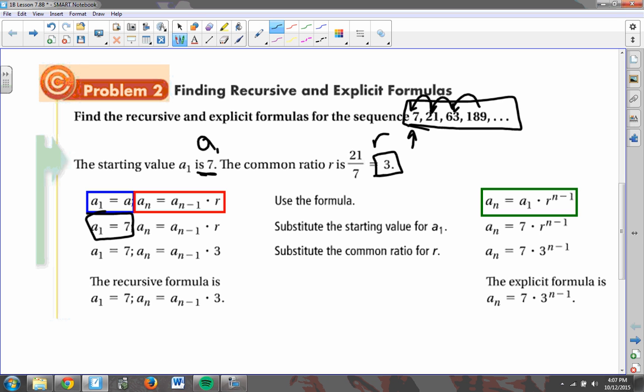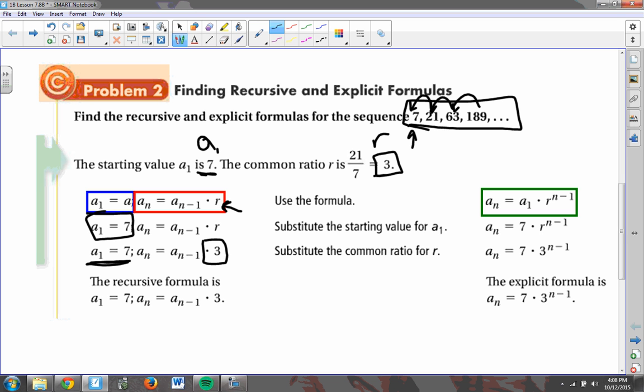And then to go from one term to the next term, we just have to say what should we multiply by, and that, of course, is our R value, or our common ratio. So we know that our starting term here, A1 equals 7, and to get to some term, all we need to do is take the term before and multiply by 3.